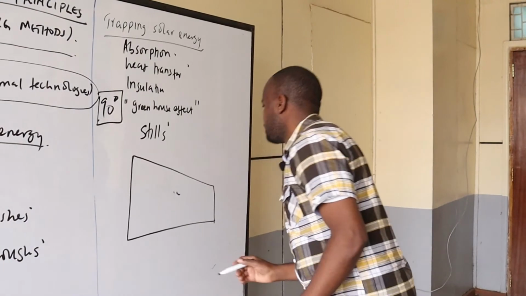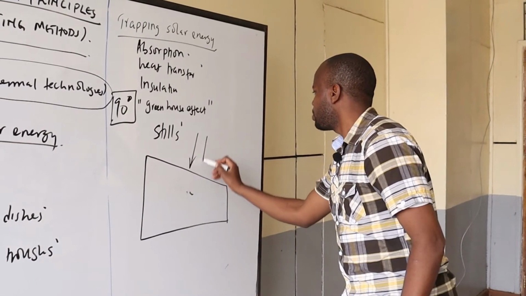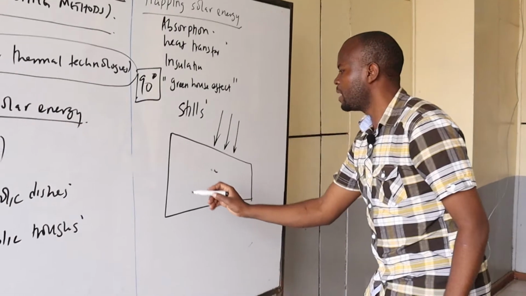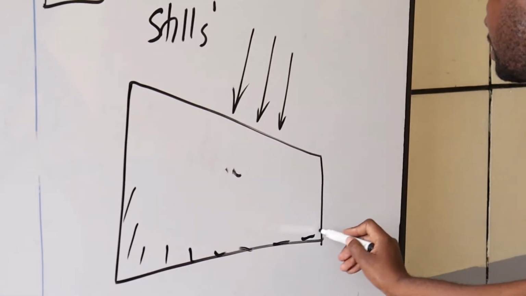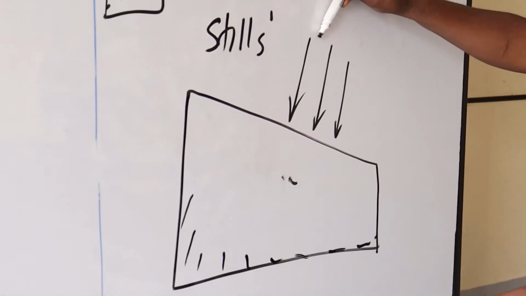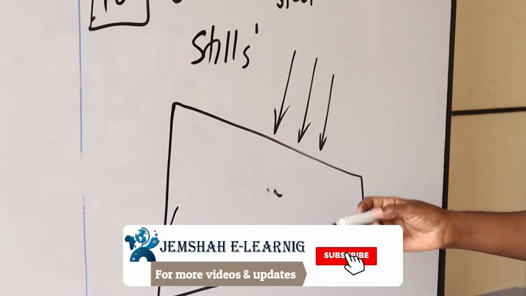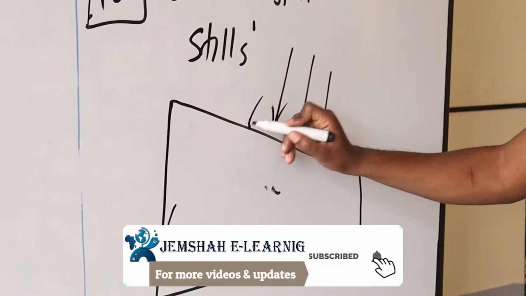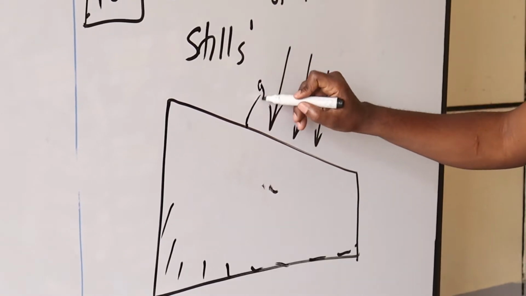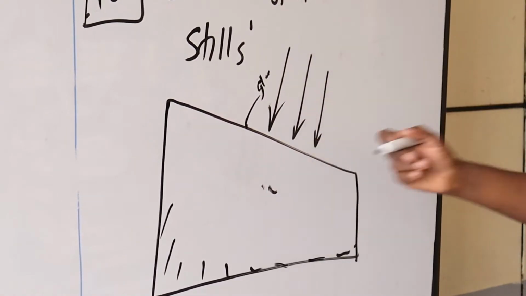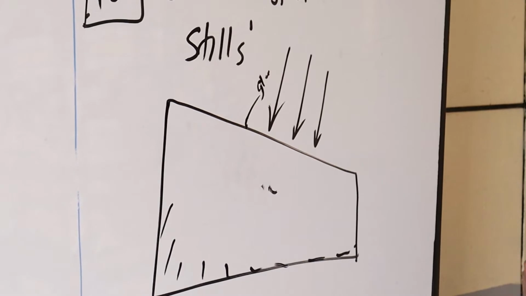So we can put it as an angle there. We are talking about the energy coming in, and the surface here is painted black. The radiant energy will get through, and here is a clear or glass material, so it will allow the solar energy through.